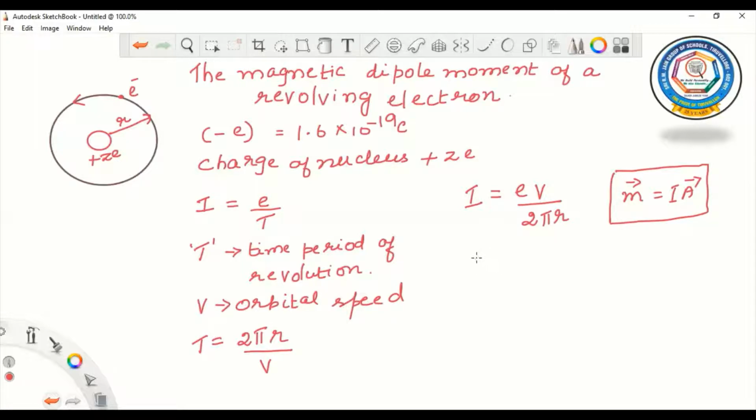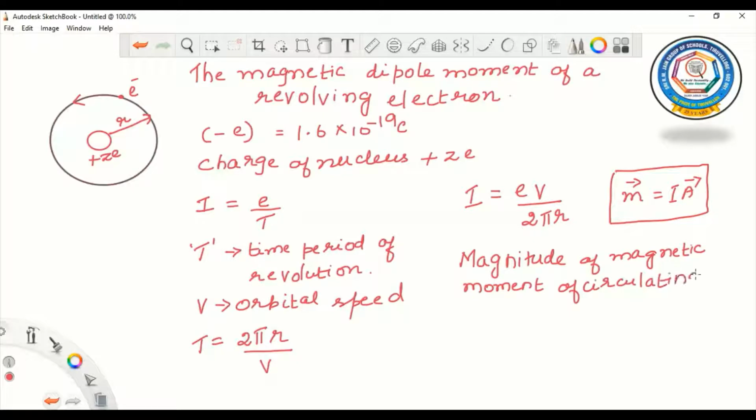The magnitude of the magnetic moment of the circulating current is mu L equal to IA.